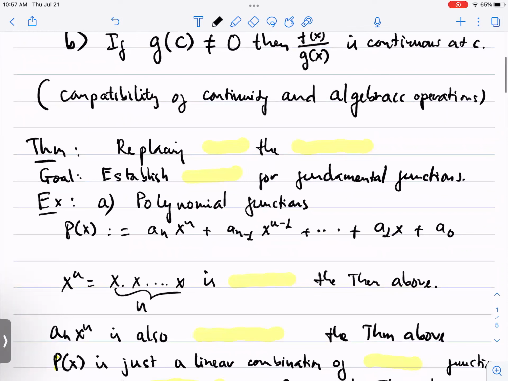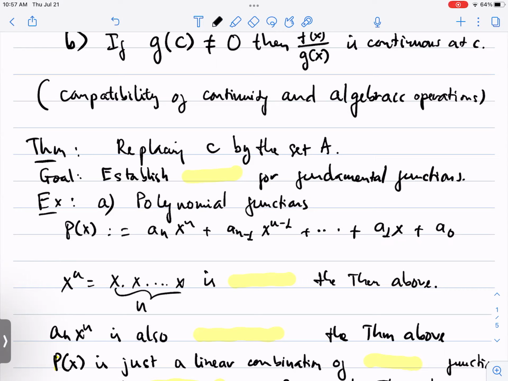Now we have a theorem which says that we can replace the point c here by the set A. Again, continuity is a local condition. If a certain property is true at every point in a set, then we say that property is true for the set.